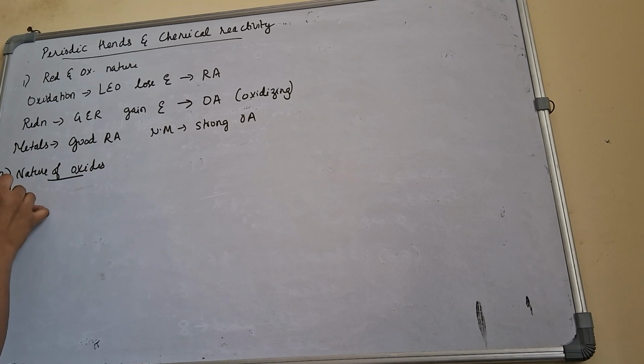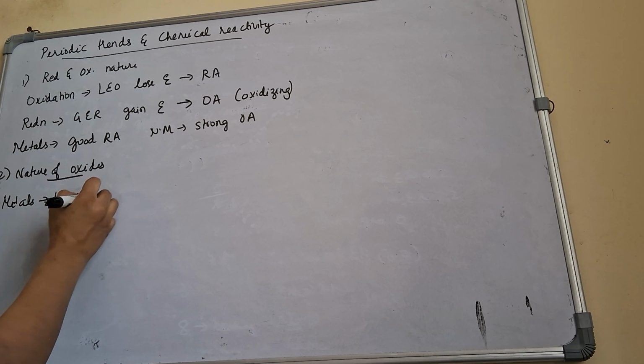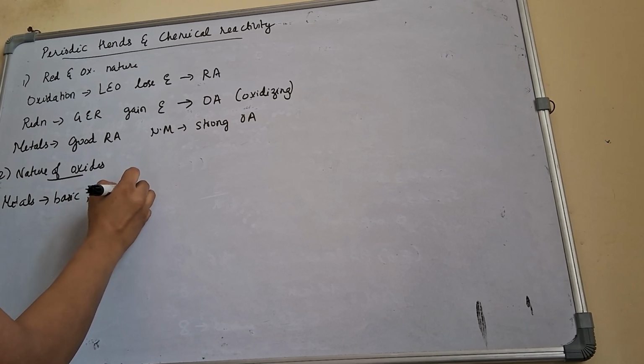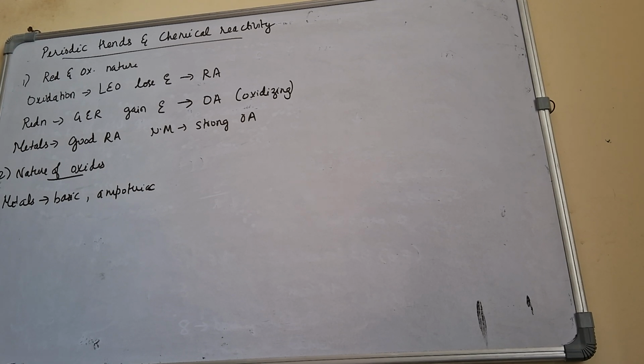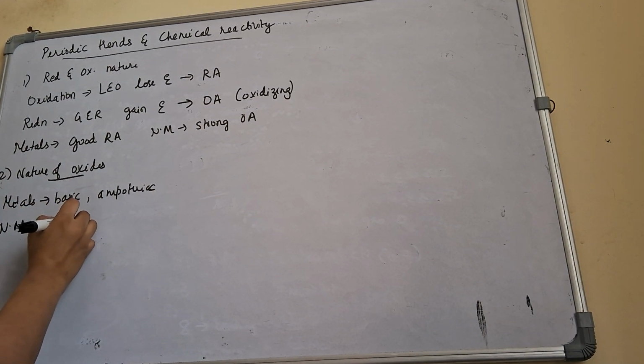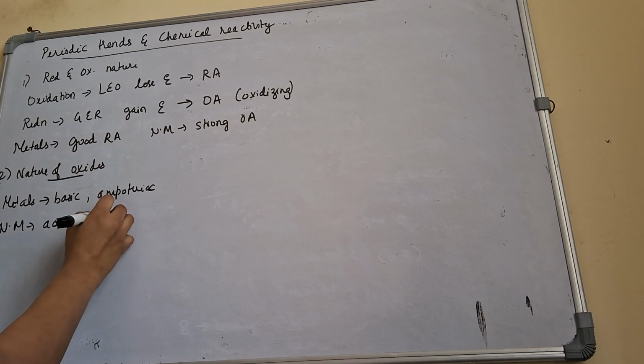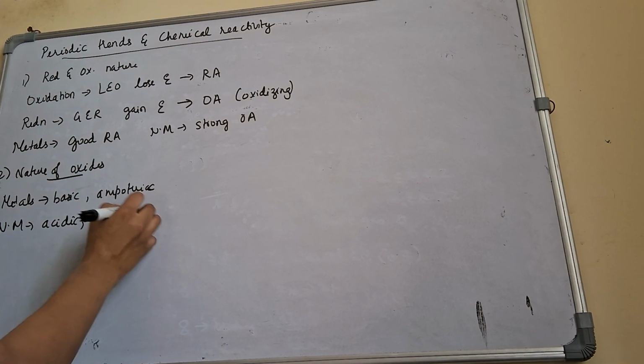Now metals will form what kind of oxide? You know this. They will form either basic or amphoteric oxides, in the case of aluminium, zinc, tin, lead and all that. Correct? And non-metals form either acidic or neutral oxides. Neutral oxide is water. Acidic is carbon dioxide, sulfur dioxide.